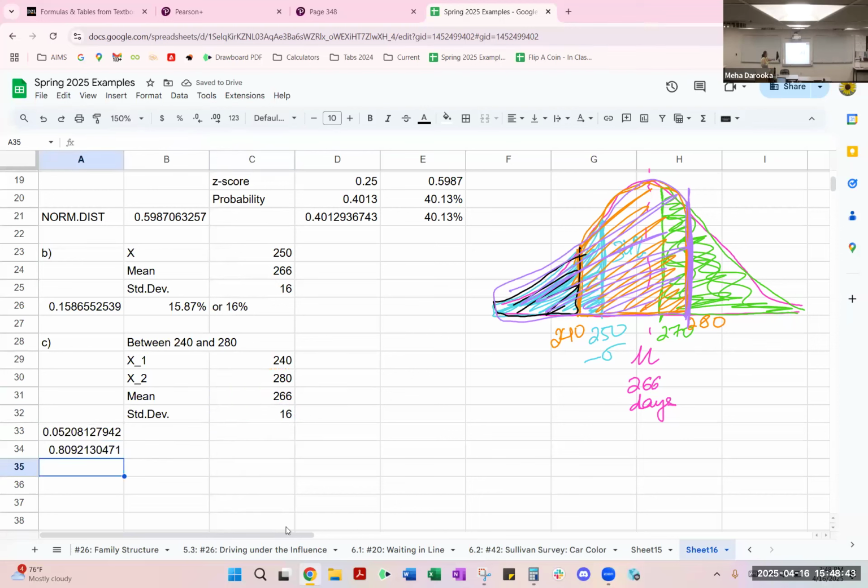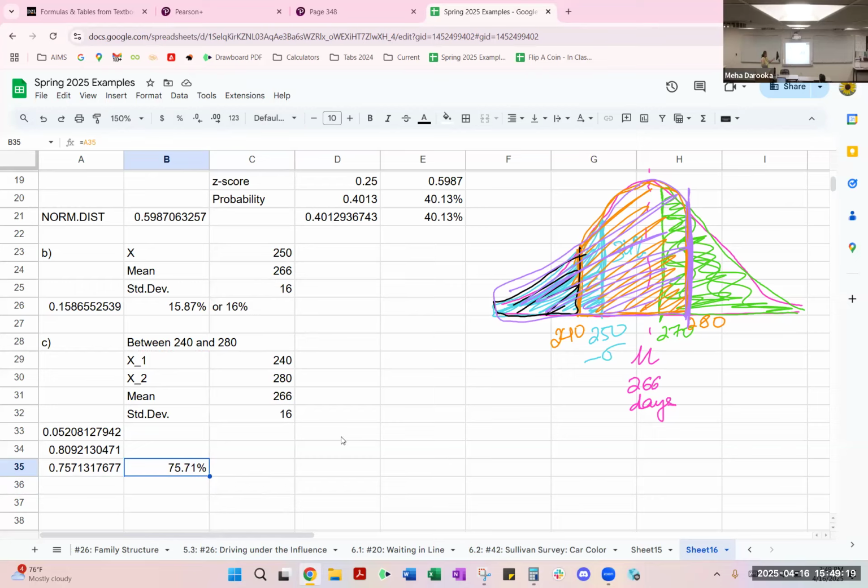Look how different those percentages are. You've got about 5% for the 240, and about 80% or 81% for the 280. Now when you do the difference between these two, it will give you that in-between area. Let's change that to a percentage. They're asking for proportion, so you technically don't need percentage. With proportions, you would just round it to 4 decimal places.